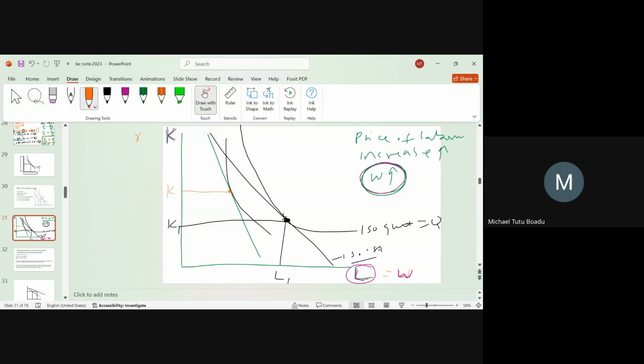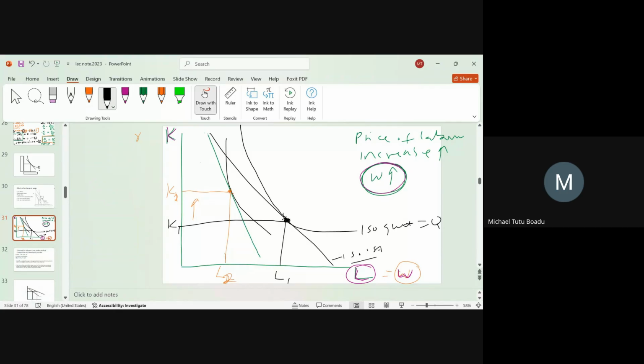Capital is increasing to K2 and labor is decreasing to L2. So there's a fall in labor demand, which is going to create unemployment because it is too expensive to hire labor since wages have gone up.